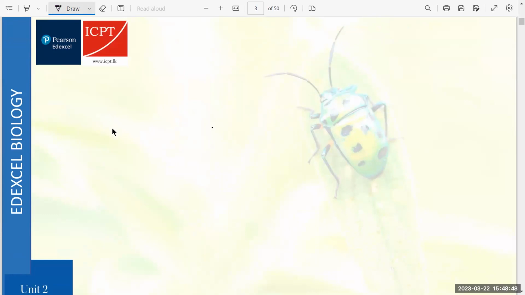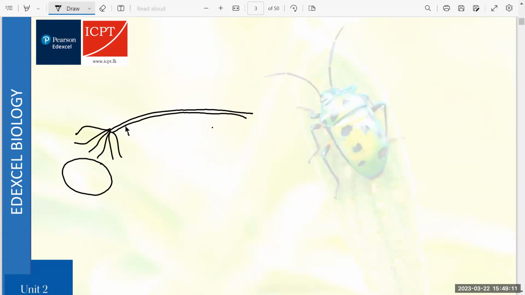Okay, now to understand that, this is the oviduct or fallopian tube, and this is connected to the ovary, right? So there's no direct connection. So this is the ovary, and this is the oviduct or fallopian tube.